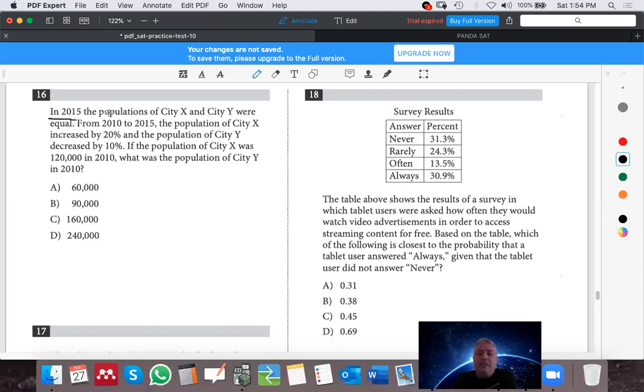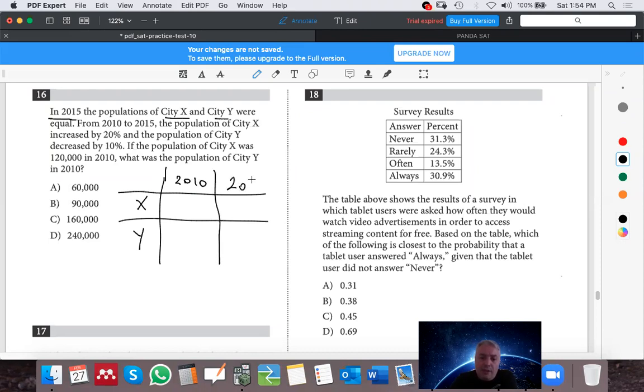In 2015, the population of X and Y. Let me say X here, let me say Y here. And it says in 2015, population X and Y were equal, okay? So let me say from 2010 to 2015. So starting point 2010.